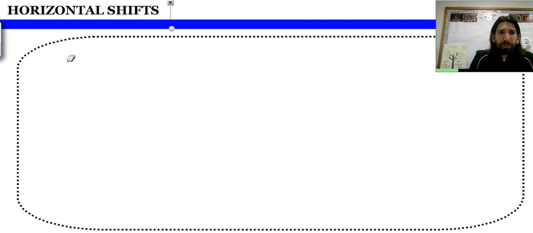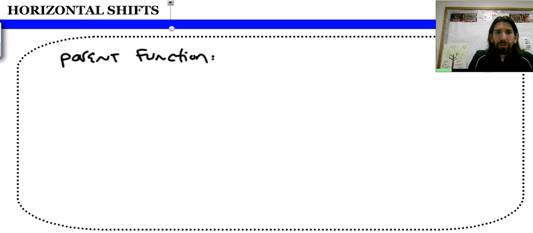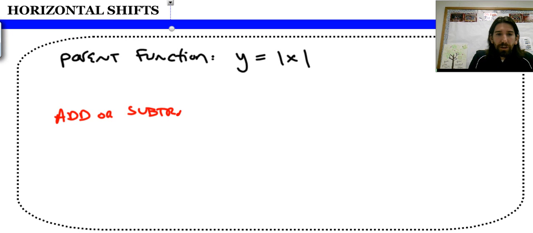We have our parent function. Okay, these are rules for horizontal shift. Our parent function is y equals the absolute value of x. Now, the new rule is if we add or subtract a number to the inside of the bars.